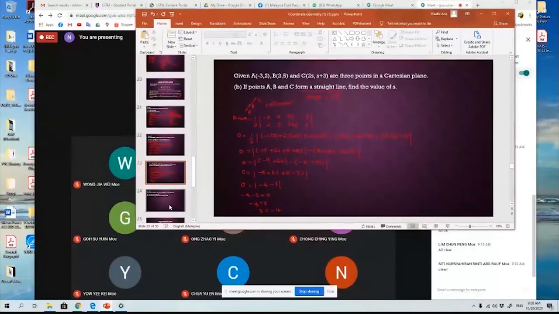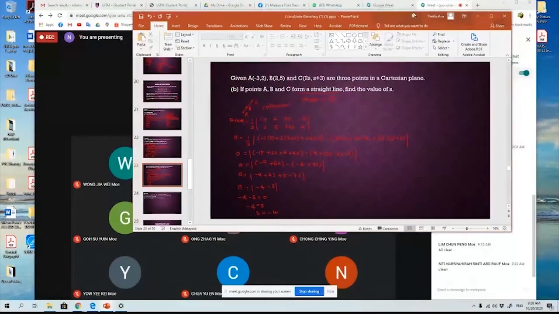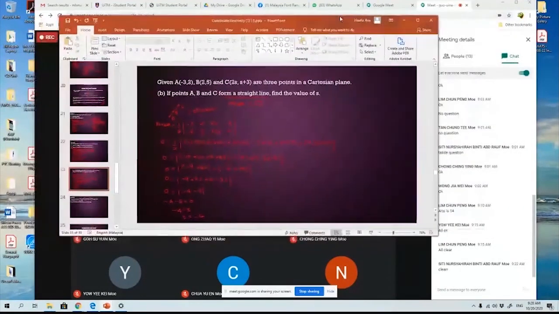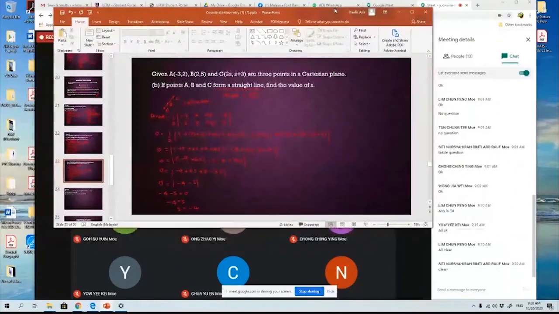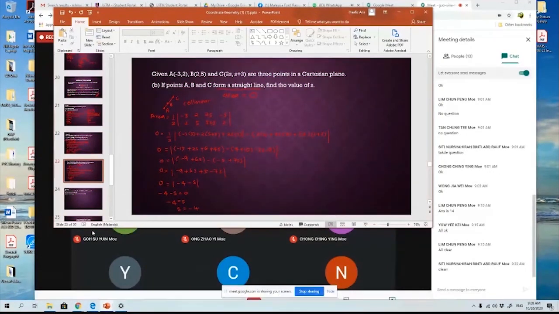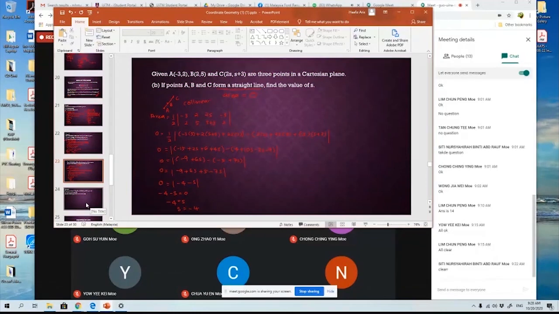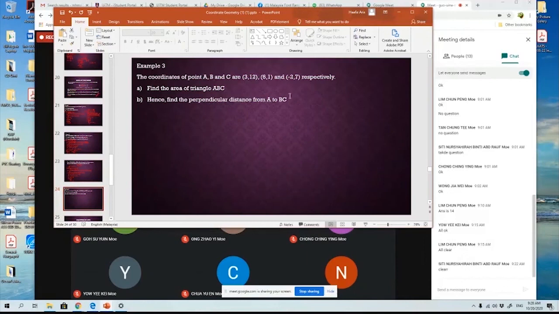The last example is now 12% with us, so the rest 20% are not here. Can't they join online? You all okay with online class? Okay, I proceed to the last example.